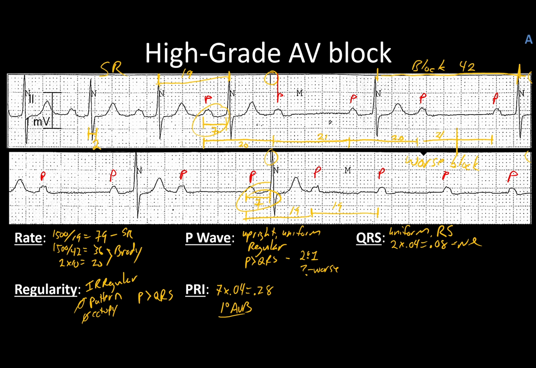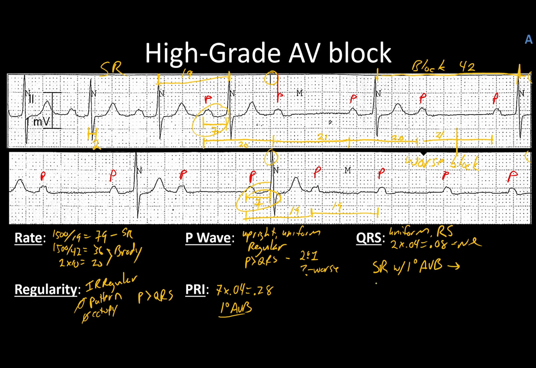So ultimately, what would you say if you had to talk to a physician and tell them what you saw? Well, I would say that the patient started out with sinus rhythm with a first degree AVB.